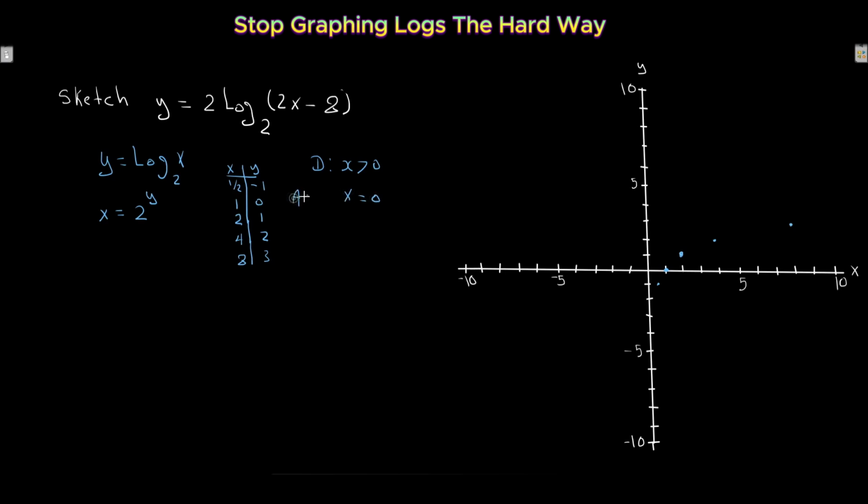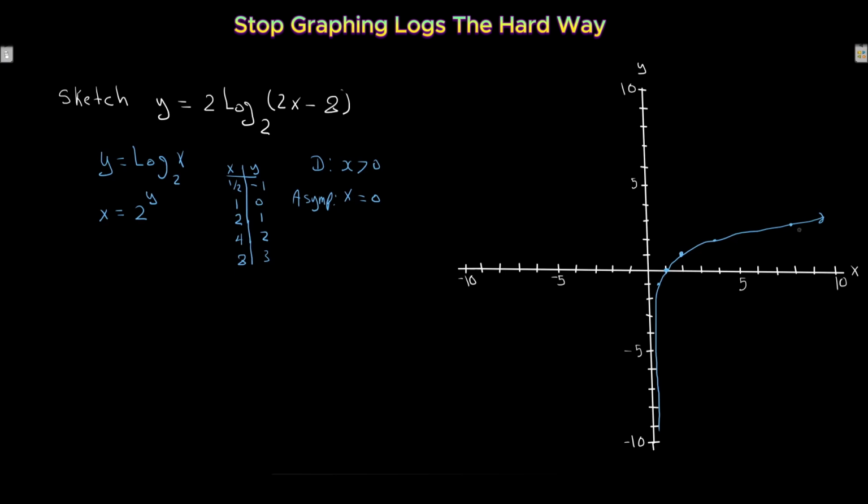That's your asymptote. You get very close to this line, but you never touch it. If I want to graph this, I'm just going to make a quick sketch. Try to be as smooth as possible. And this is y equals log base 2 of x.